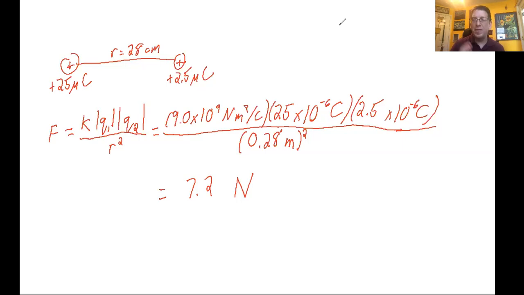Even with microcoulombs, which may not seem like a large amount of charge, you can get a noticeable amount of force out of them. So that's definitely a force you can observe. The repulsive force is something you can see.